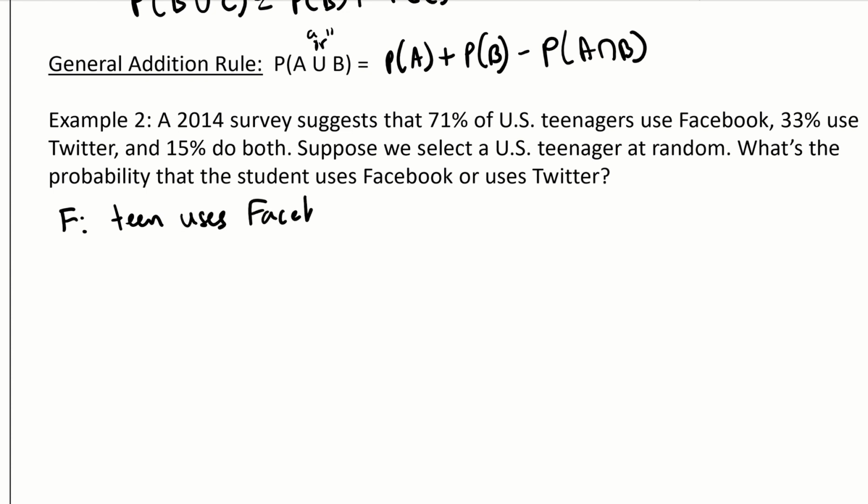So we select the teen that uses Facebook. And we'll denote T as the event in which we select a teen that uses Twitter. And so we're selecting someone at random. What's the probability that the student uses Facebook or, so that's a conjunction.